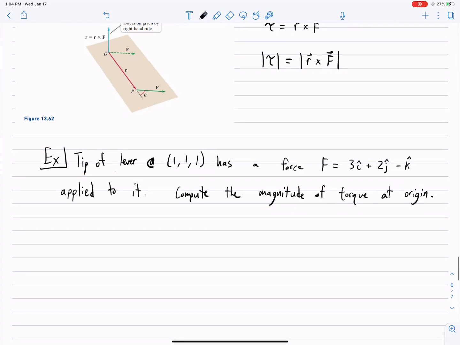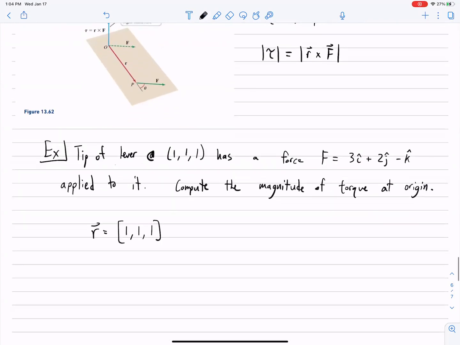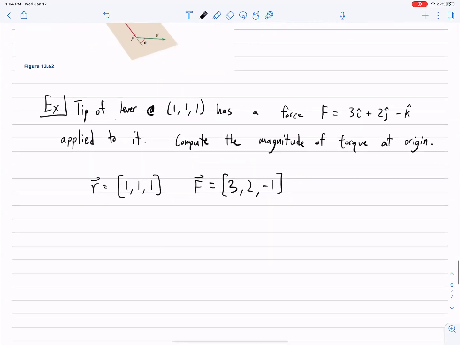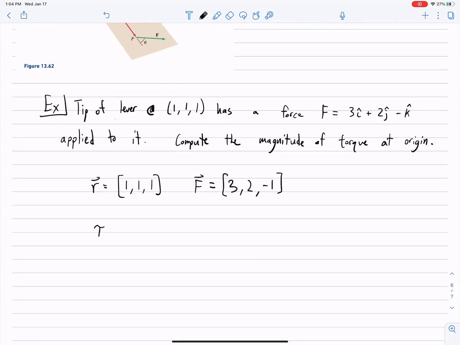And so the idea is that R is going to be the vector 1, 1, 1, because that's where the tip of the lever is. Our force vector F is 3, 2, negative 1. The magnitude of the torque is just equal to the magnitude of their cross product.